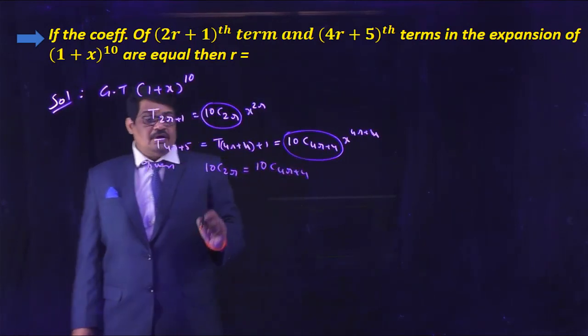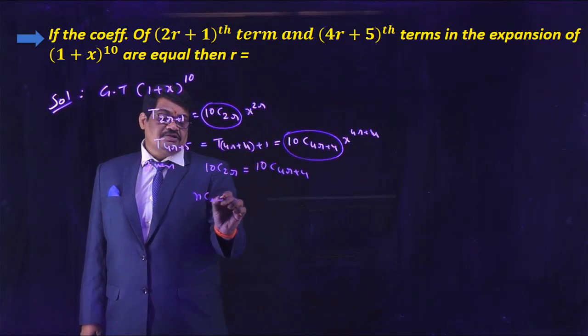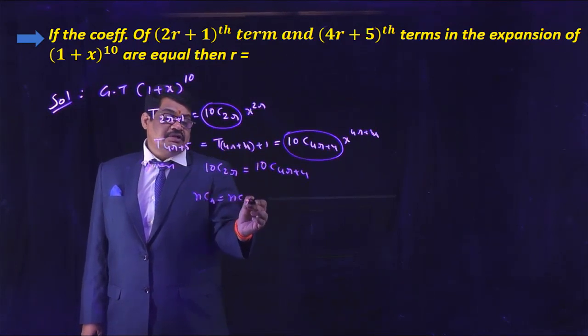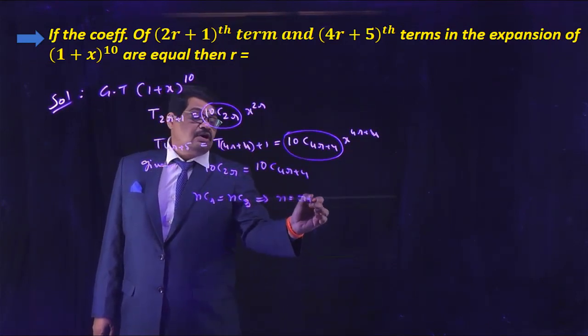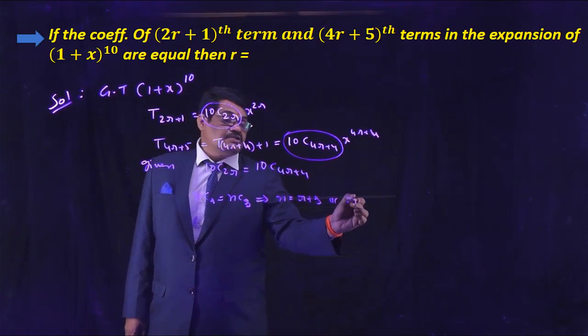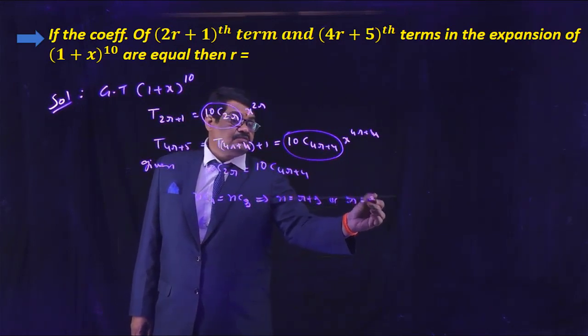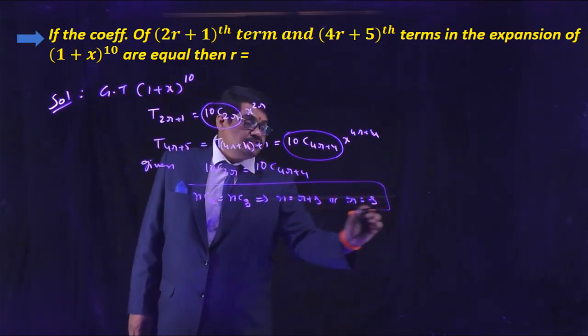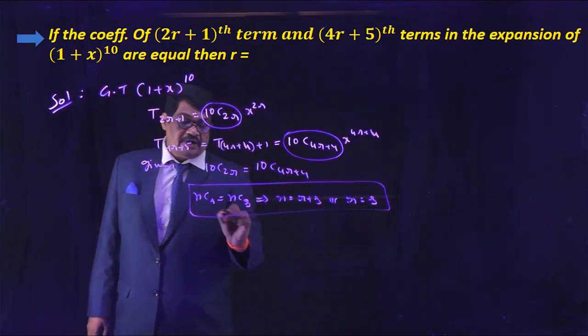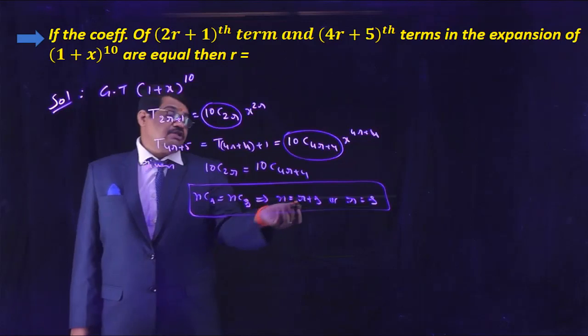What is the formula we are using here? nCr is equal to nCs implies n is equal to r+s or r is equal to s. So using this formula, we are writing r is equal to s.